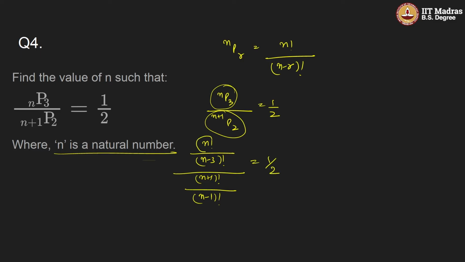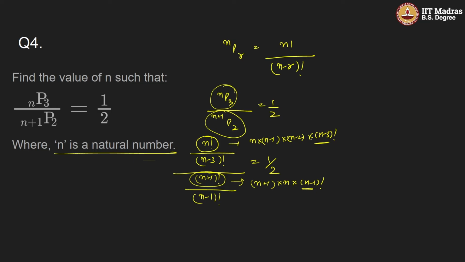Now here we are expanding the numerator, that is n factorial and (n+1) factorial, right? So n factorial will be n into (n minus 1) into (n minus 2) into (n minus 3) factorial. Similarly, (n+1) into (n minus 1) factorial. So I have stopped at n minus 3 and here I have stopped with n minus 1.